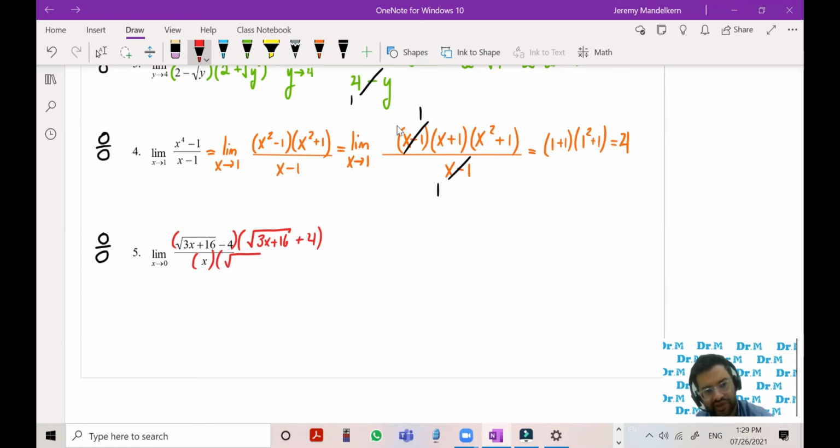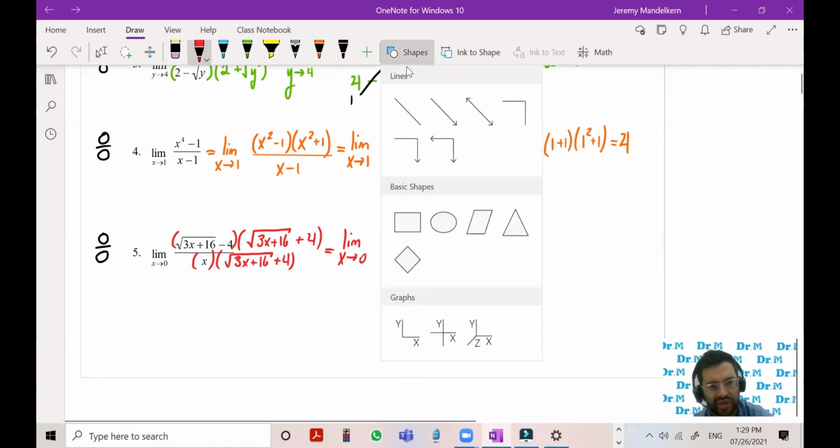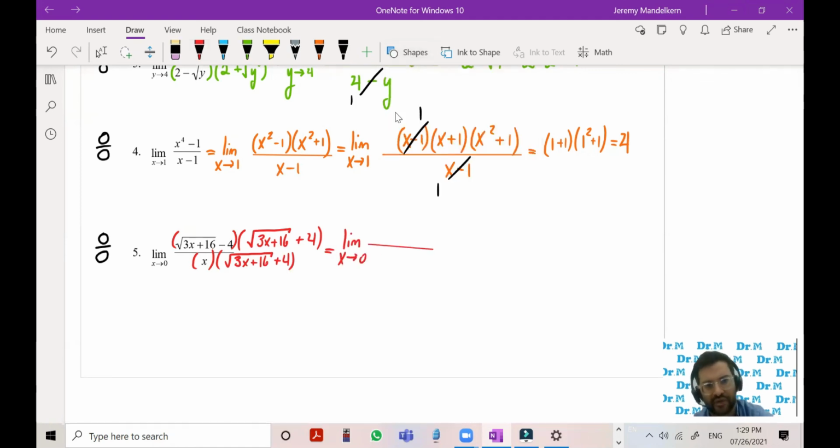It's not guaranteed to work, but it seems like a pretty good idea. And when we multiply out now in the numerator, since we haven't taken the limit yet, we must continue to write it. We'll now do the FOIL multiplication.